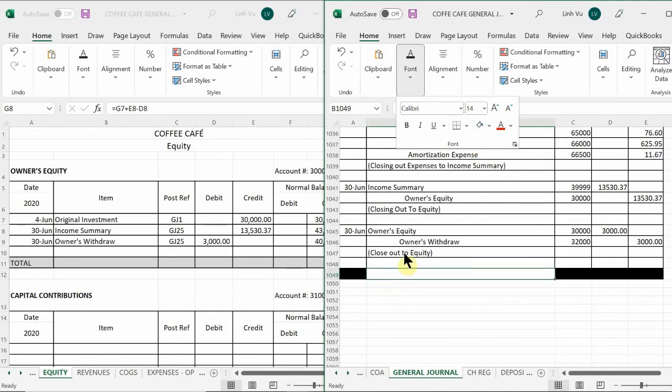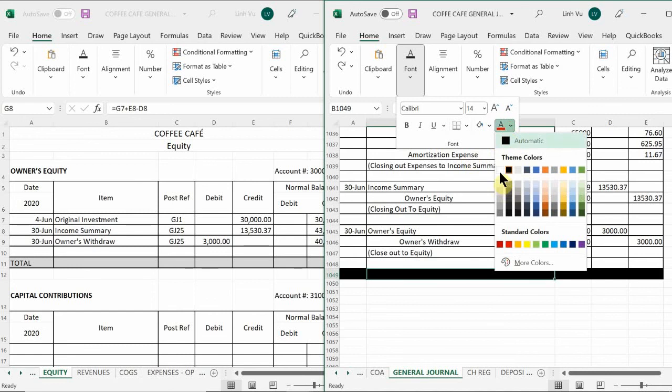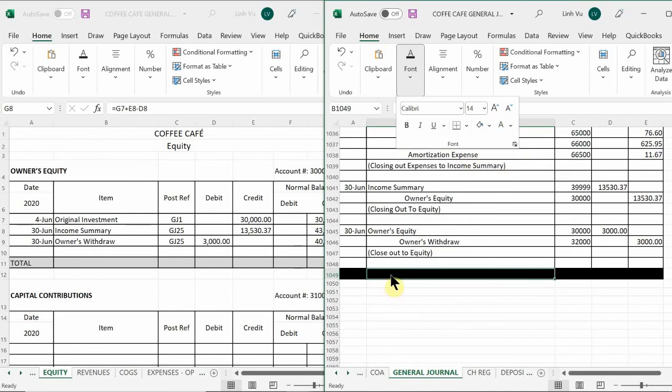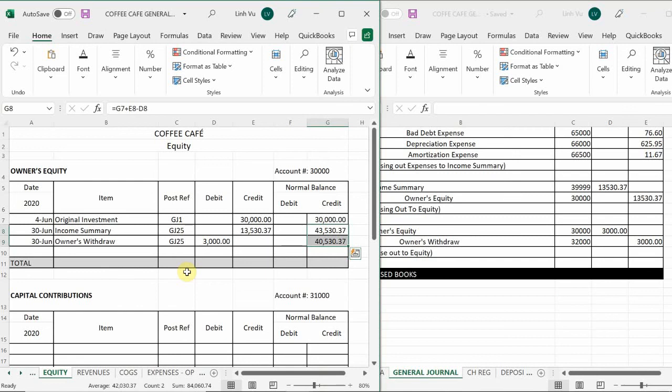Okay, the font I'm going to change to white. And this is going to say closed books. Okay. All right, save. So that means the last thing that we have to do is now do our post-closing trial balance.